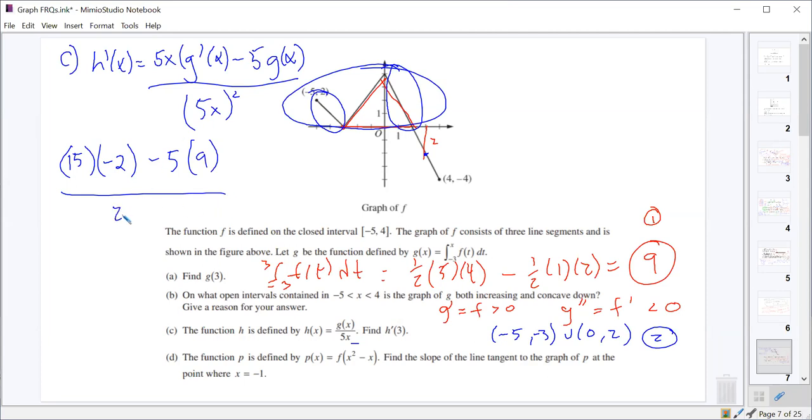And then 15 squared is 225. So we got -30 minus 45 is -75 over 225, which reduces to -1/3. 1 point for -1/3, 2 points for the correct expression for h prime. Good or no?